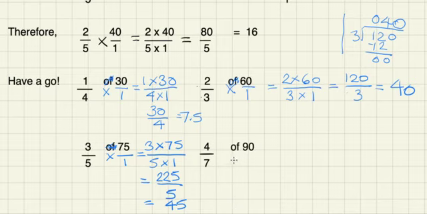So one final example, just put the video on pause and then come back. So let's do this now. So again, 90 over 1. Get rid of that and you put a multiplication. You then multiply 4 and 90, multiply 7 and 1.